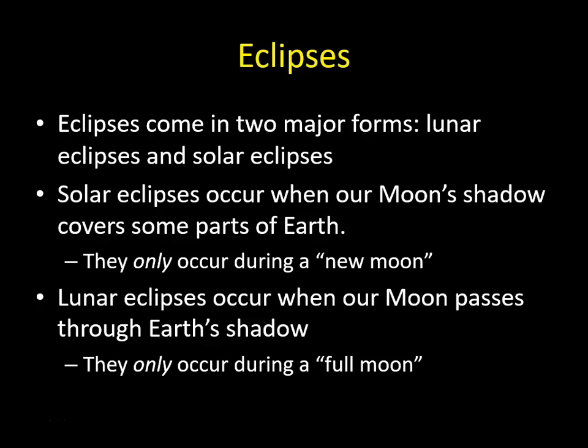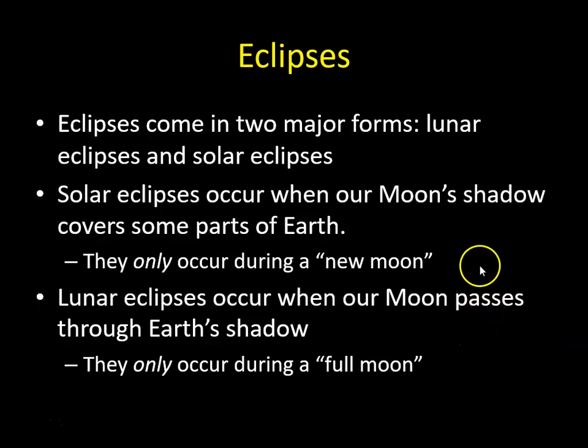That's when our moon passes right in between Earth and the sun, covering up part of or all of our sun's disk. We call it a solar eclipse when our sun is blocked. A lunar eclipse happens when our moon passes through Earth's shadow, and thus they only occur during a full moon.